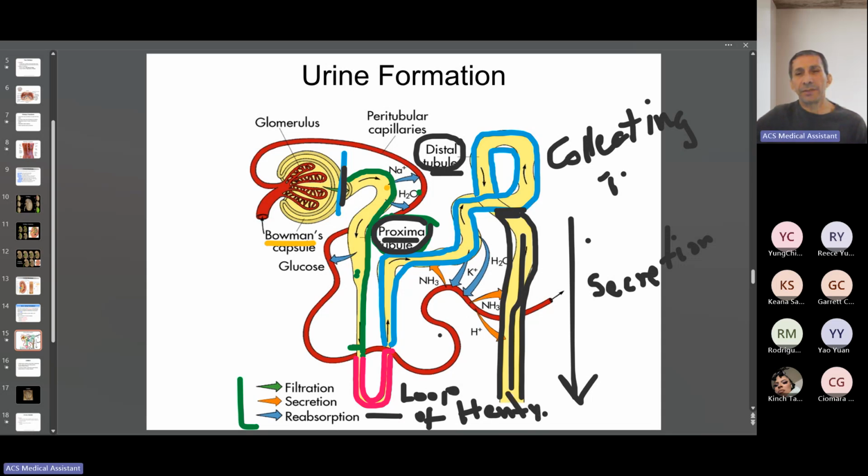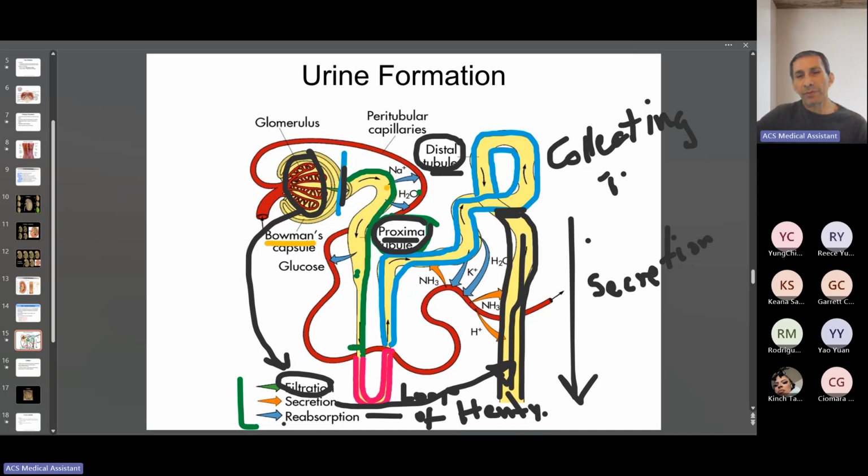That's basically what it is. So filtration happens right here with the glomerulus. See, this area right here, filtration takes place right here. Secretion takes place right here on these collecting tubules.